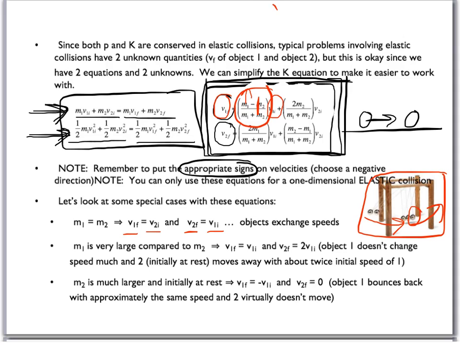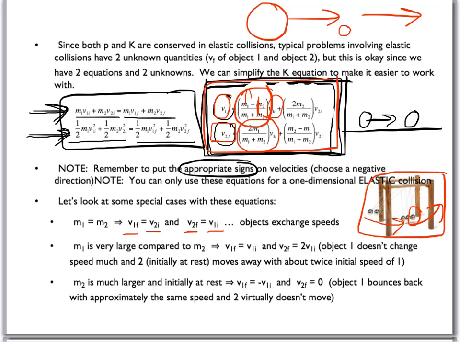If it was a bowling ball running into a tiny little ping pong ball, the bowling ball is going to keep chugging along pretty much with its same velocity when it runs into that tiny little ping pong ball. And we can see that happening with our equations that we have simplified over here. Those would essentially simplify to about a 1, and the big object would just keep moving at its same speed. What we'd also find is that the second object would move away with about twice the speed. So when we look at the final velocity of object 2, with M1 being very large, it would move away with about twice the velocity that M1 came in with.